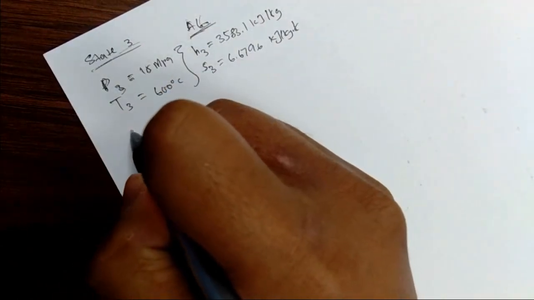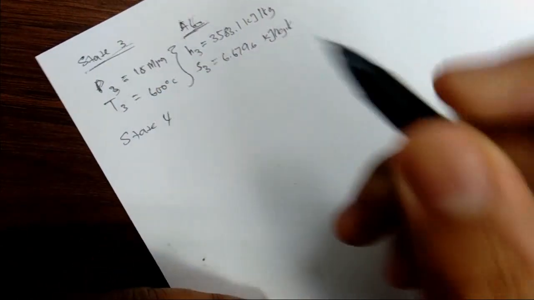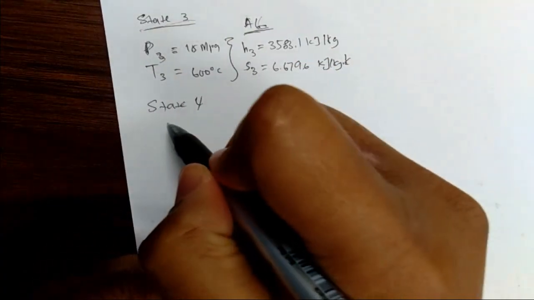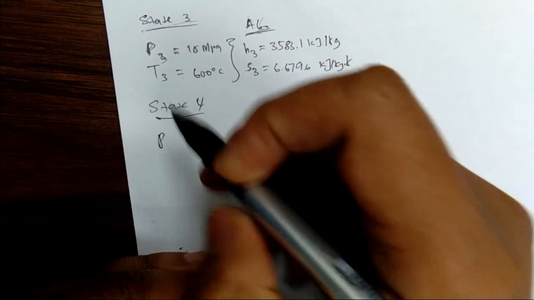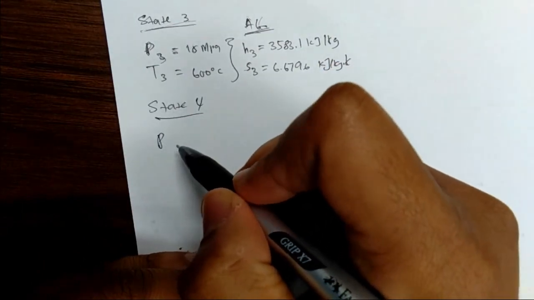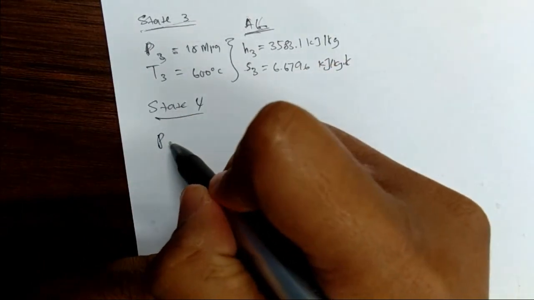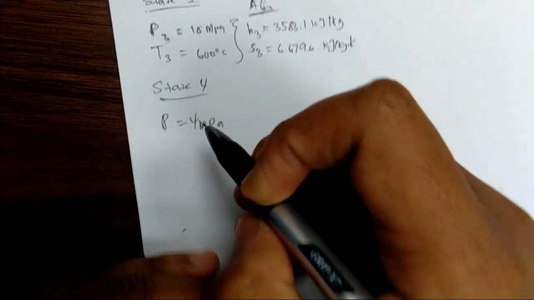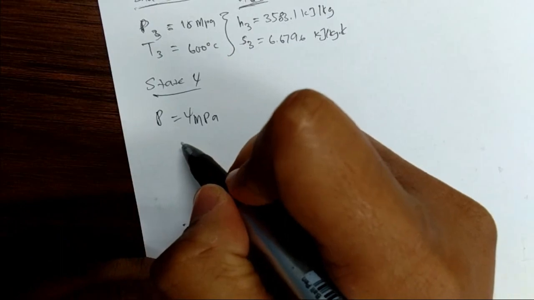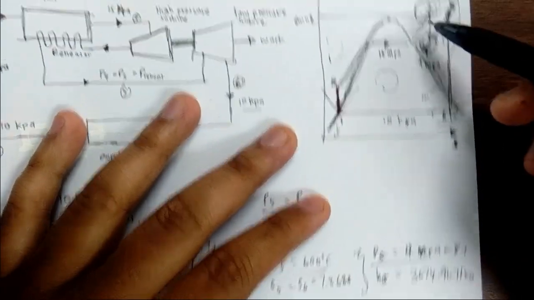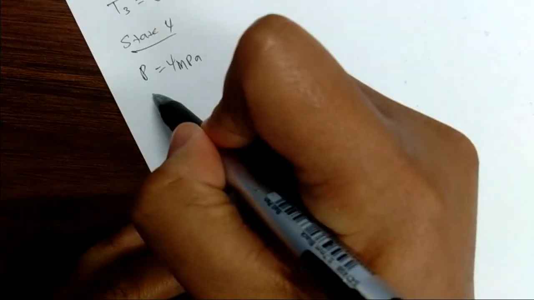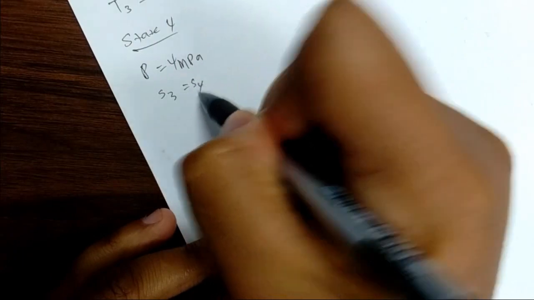And then next we go to state 4. Using the pressure you just calculated for question A, you get P4 is equal to 4 MPa, right? Another piece of information is the entropy for state 3 and 4 is constant, which means S3 is equal to S4.